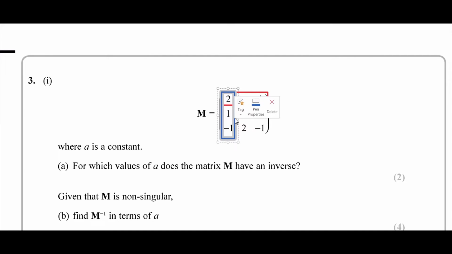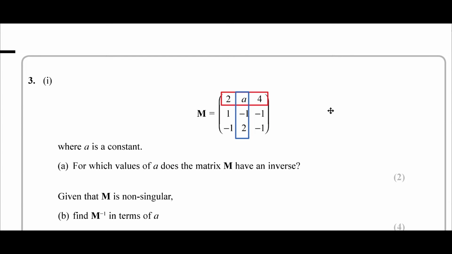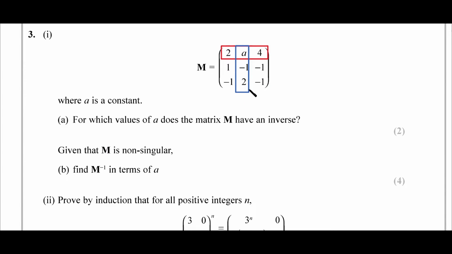And then we can adjust this box, continuing to find the determinant. Okay, so that seems quite complicated so far, but hopefully it should make sense.